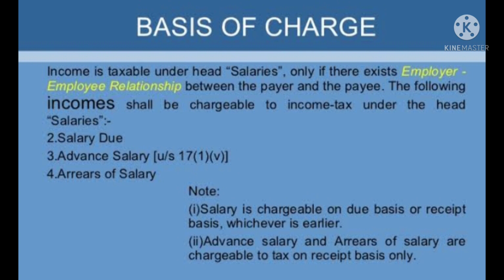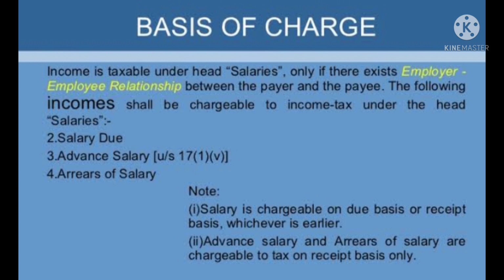The following incomes shall be chargeable to income tax under the head salaries: salary which is due, advance salary and arrears of salary. Salary due means which has to be paid, it is not yet paid, it will be paid in the future. Advance salary means next month's salary which is paid now.